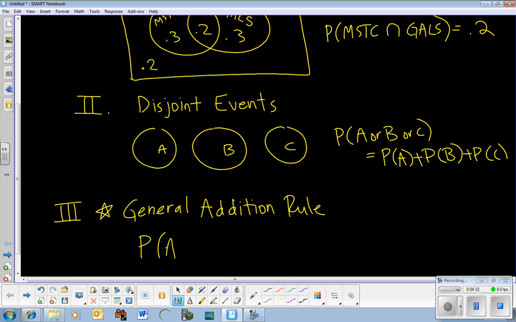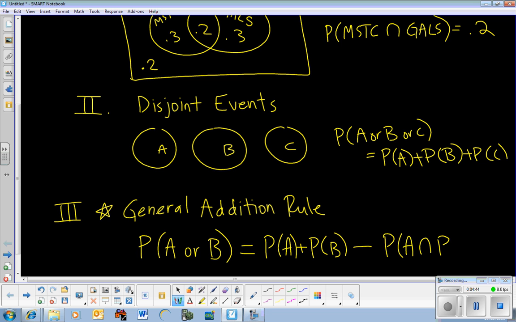It says the probability of A or B is equal to the probability of A plus the probability of B minus the probability of A intersect B. And really this rule could stand on its own because if they're disjoint, then the probability of A intersect B, or A and B, is 0 anyway. So it would just be negligible and you would just be adding them.